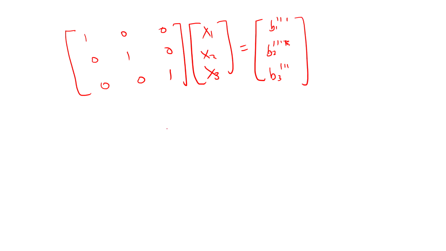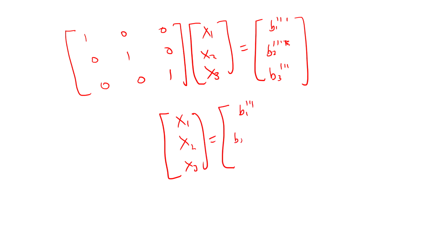So x1, x2, x3 is nothing but b1 triple prime, b2 triple prime, b3 triple prime. So directly we got the solution.